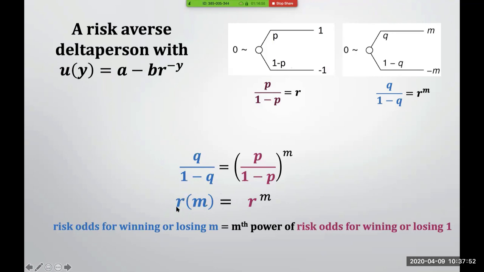So using that notation system, we can rewrite this relationship as this. The risk odds of winning or losing M dollars is equal to the risk odds of winning or losing $1 raised to the power of M. Again, just another system of notations that we may use in the future.